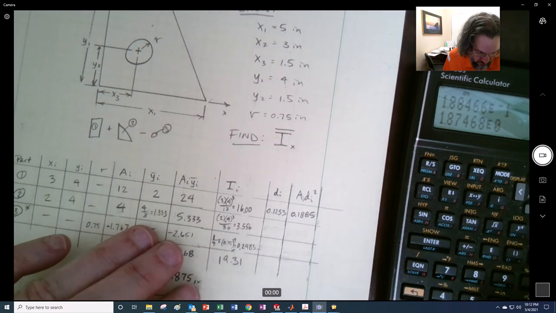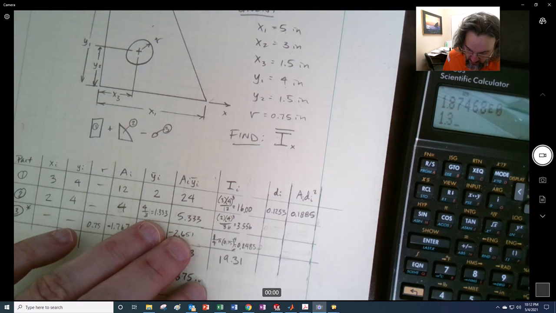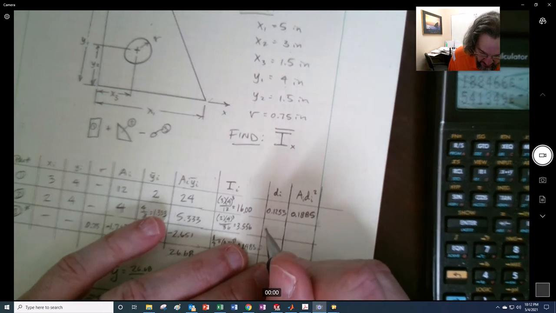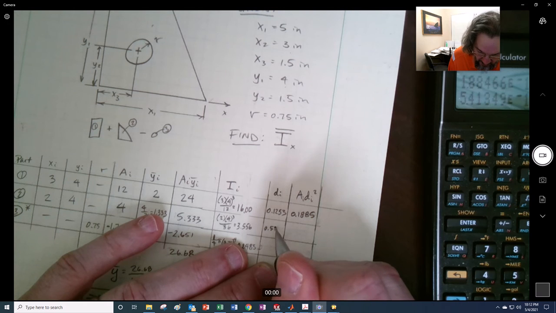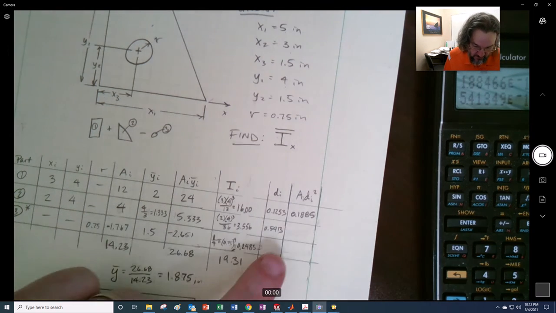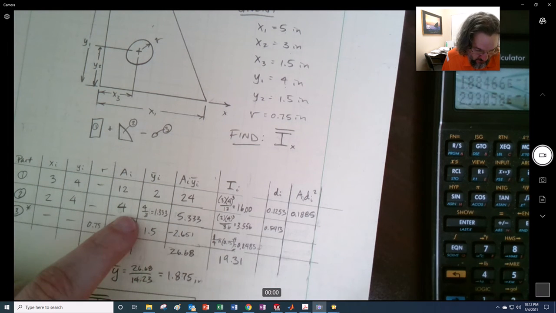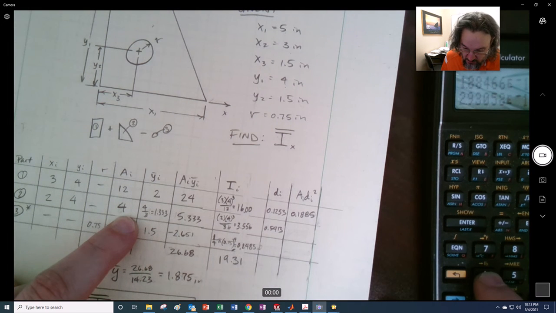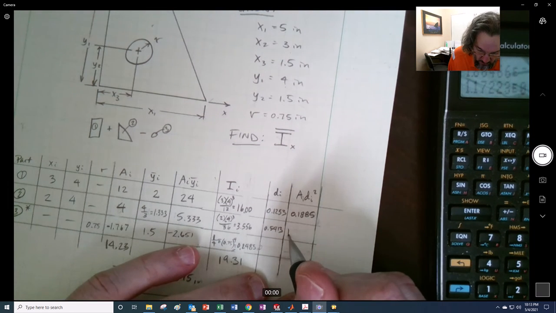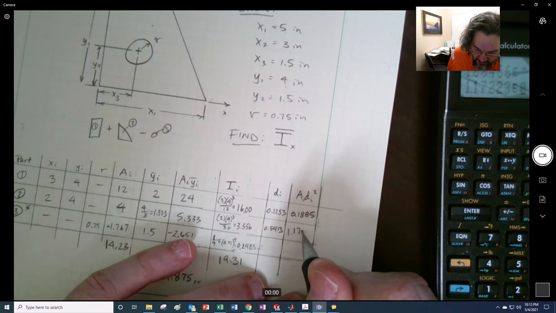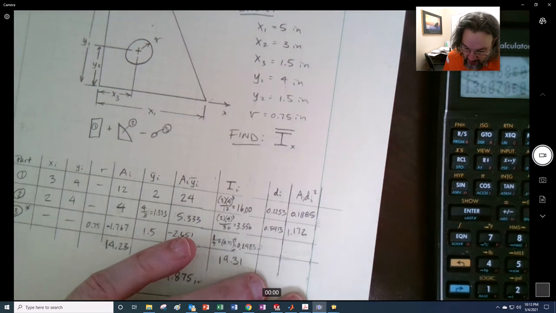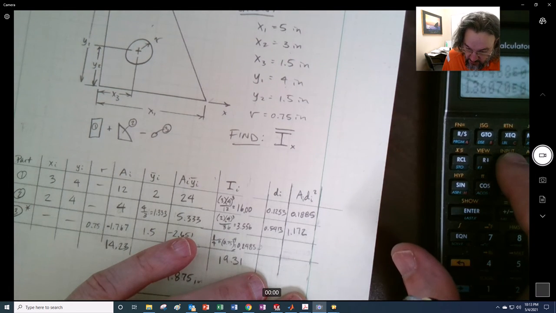And let's subtract out 1.333333. I get 0.5413 and square that, and we're going to multiply it by 4. So that's 1.172. I can add those to each other.